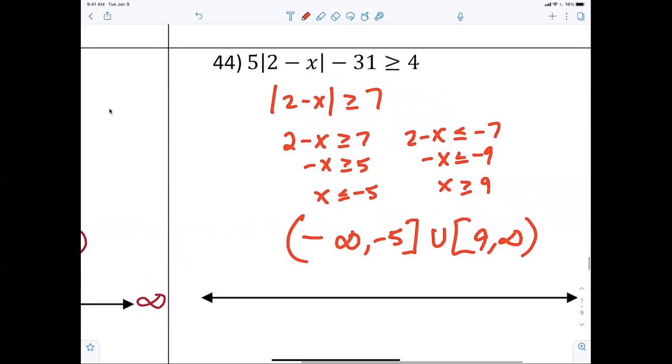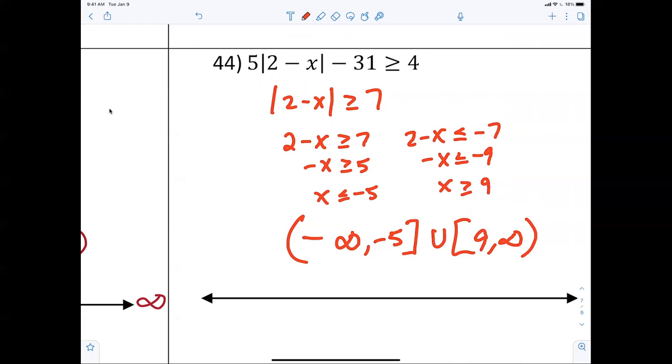Wait, so when you, the negative, I'm confused why you got the negative and the oh wait, never mind. I did it wrong. You sure? Yeah, I switched the negative. All right. Anybody else?